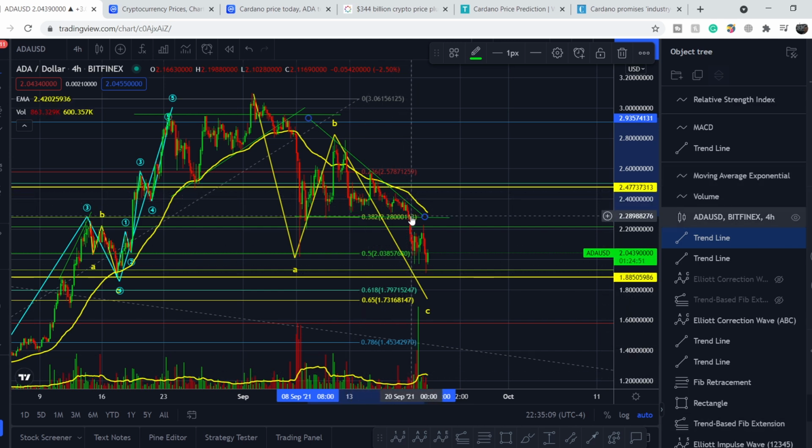And from this point, we might have an assumption that we will break this bottom. And basically it happened. We had a rather good reaction at this very point, but still we broke it to the downside, and for now we are hovering at the same exact level of 0.5, in the range of $2.03.